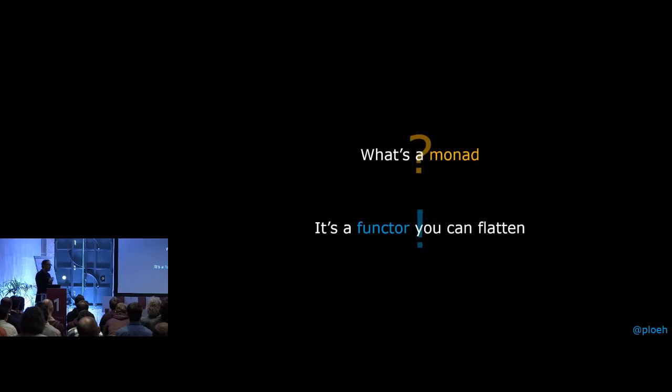Now, if you can get that, figuring out what a monad is is easy, because that is just solving a practical problem with functors. And basically what I told you is it's a functor you can flatten. So let's just have a look at what it means to flatten a functor. We haven't really seen something that doesn't look flat already, so we'll probably have to just briefly go through that.